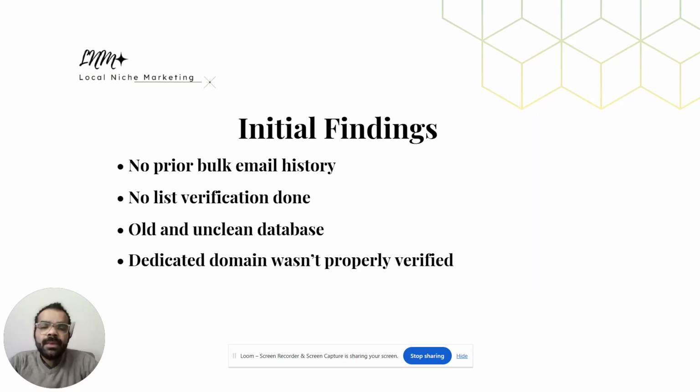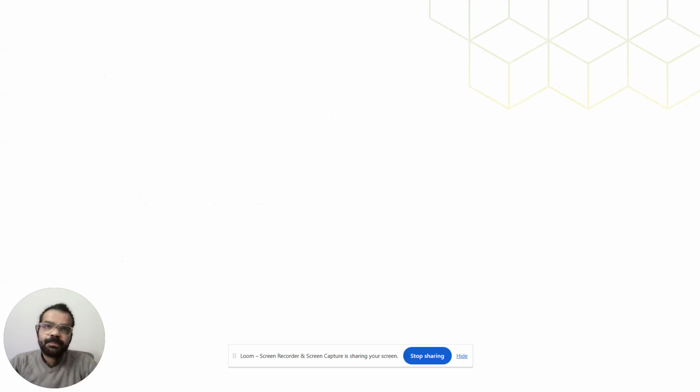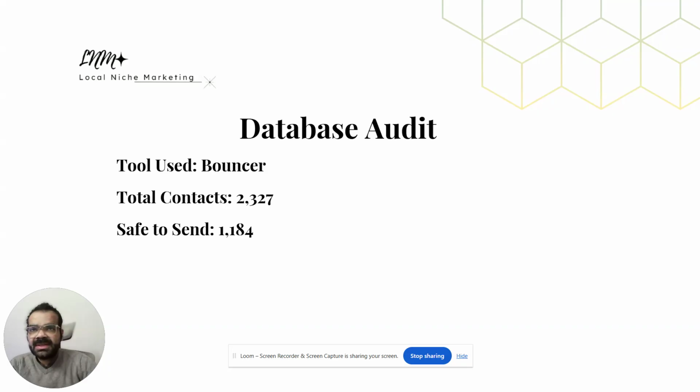So what we found initially was that there was no list verification done, and the most important thing was that their dedicated sending domain was not properly verified, and they were having a really unclean email or contact database. So we did a database audit using a tool named Bouncer.